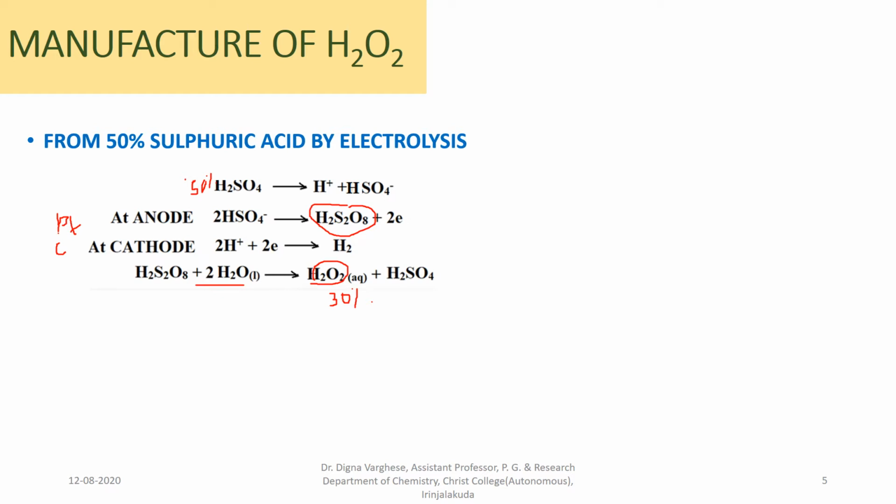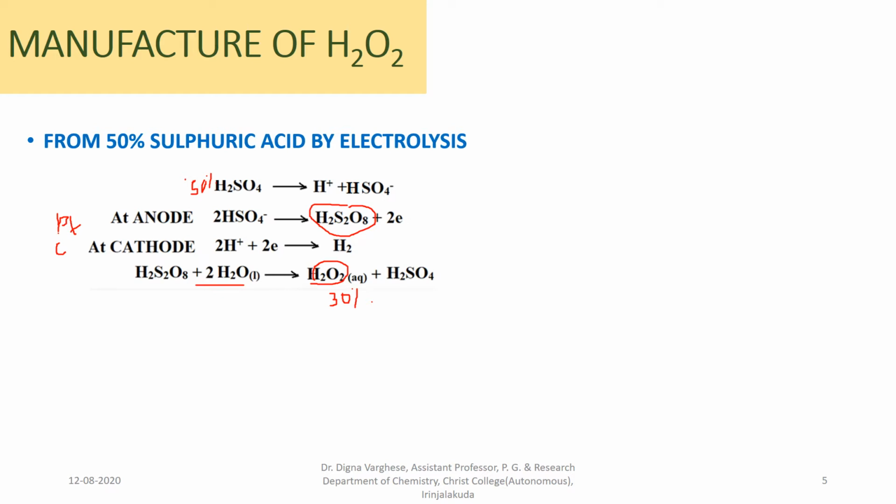Bisulfate is oxidized to peroxydisulfuric acid with the elimination of 2 electrons. These electrons are used at the cathode, the graphite electrode, where H+ takes up the electron giving hydrogen, and the peroxydisulfuric acid is immediately drawn off from the cell and it is distilled over water to get hydrogen peroxide. This hydrogen peroxide is about 30% hydrogen peroxide.